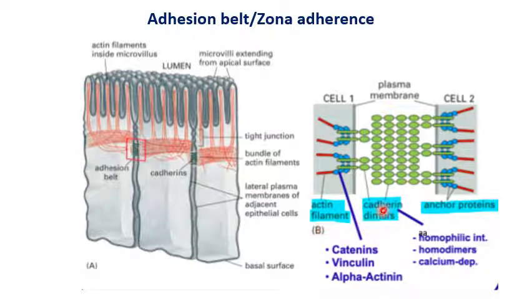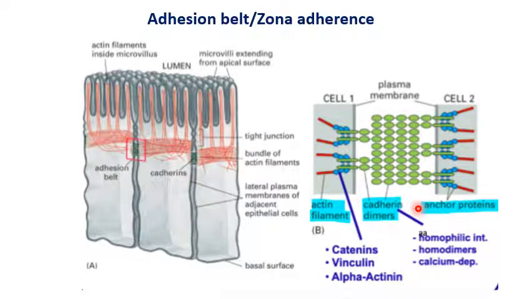Because in both the cells there are certain proteins which are helping them to stick with each other, like actin filaments, cadherin dimers and anchor proteins. So in the cytoplasmic region of both the cells, you can see the actin filaments, which are the intracellular proteins. The other proteins associated with this actin filament are catenins, vinculin and alpha actinin.